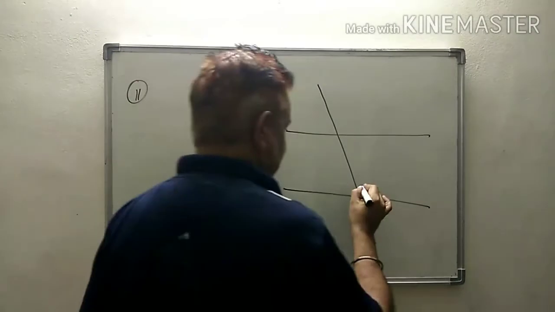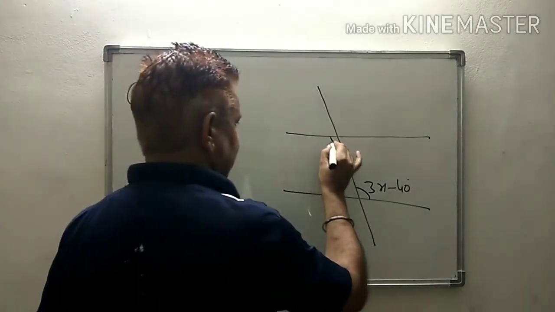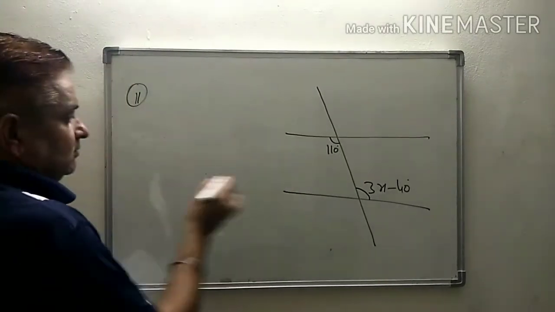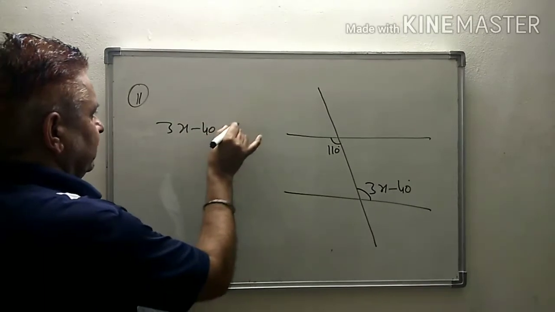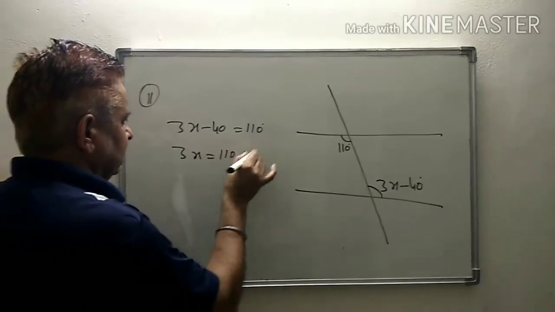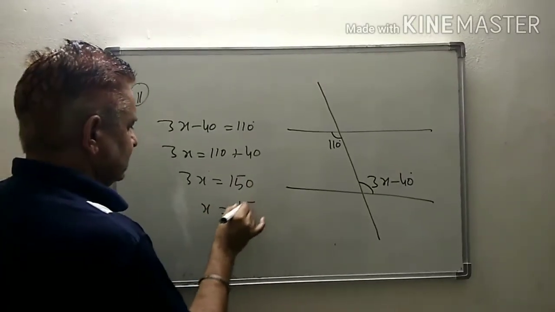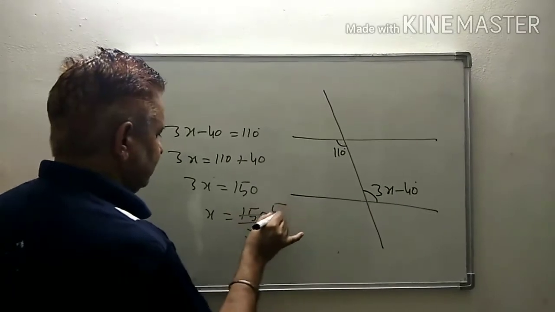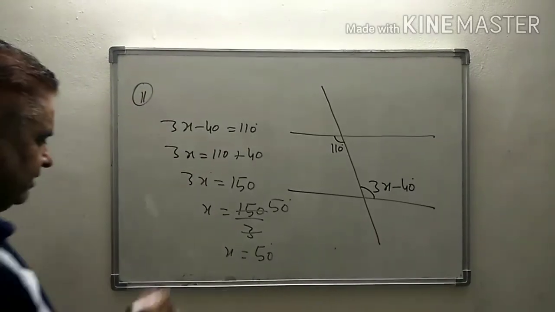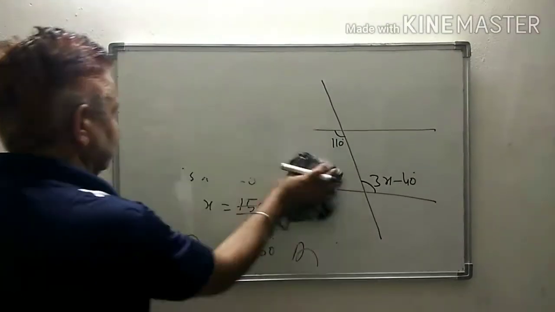This angle is 3x minus 40 and this angle is 110, and you have to find the value of x. 3x minus 40 equals 110, alternate angles. 3x equals 110 plus 40, 3x equals 150, x equals 150 upon 3, x equals 50 degrees. So the right answer is A. A is the right option. Right?